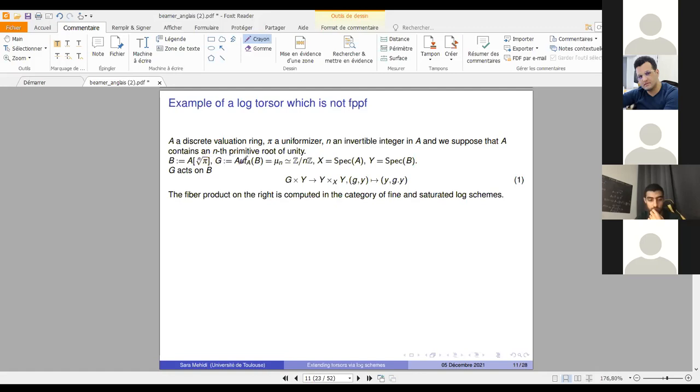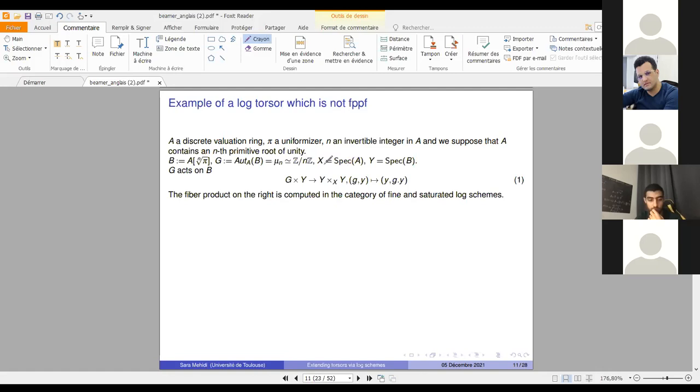I write G to be the group of automorphisms of B which fix A. So an automorphism of B is just given by choosing an image of the root of unity. So this is equal to mu_n. And here, given the hypothesis that n is invertible in A and that A contains a primitive nth root of unity, this will imply that mu_n is isomorphic to the constant group Z/nZ.